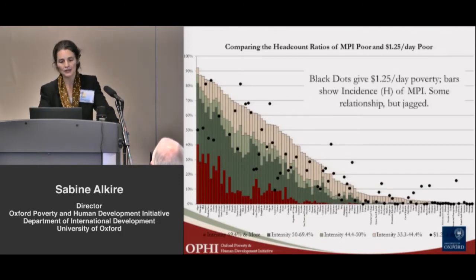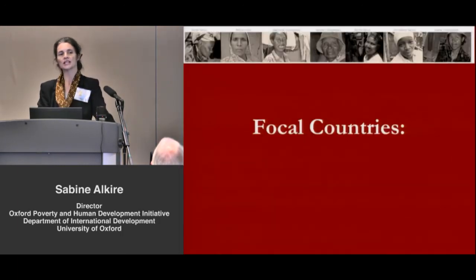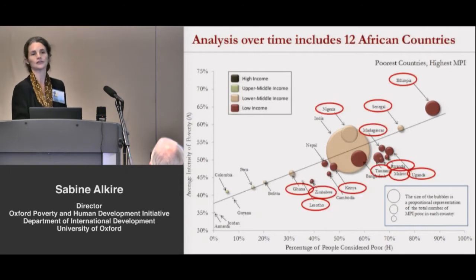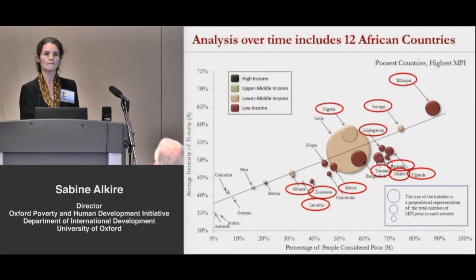So that's the background. And what I will now do for the remaining time is focus on 12 countries, which are the African countries for which we have changes over time from demographic and health surveys in 2 periods.